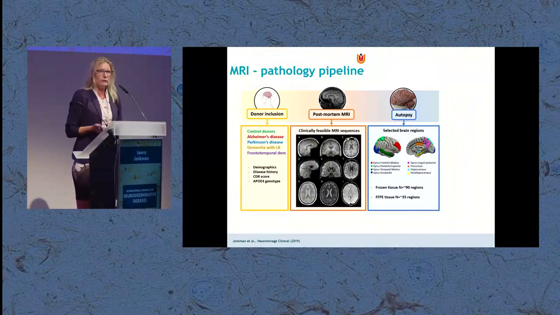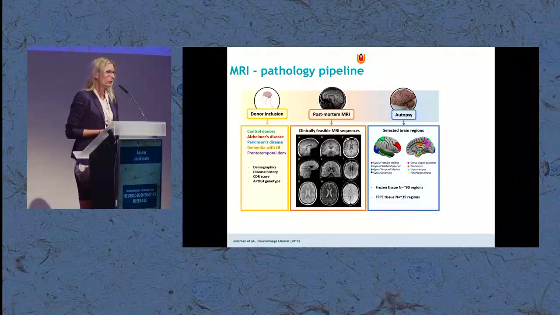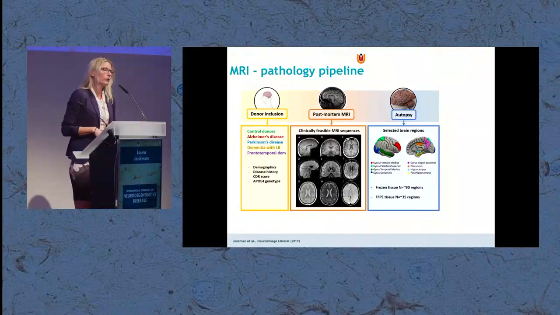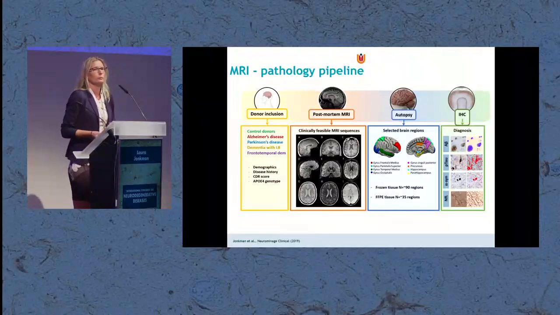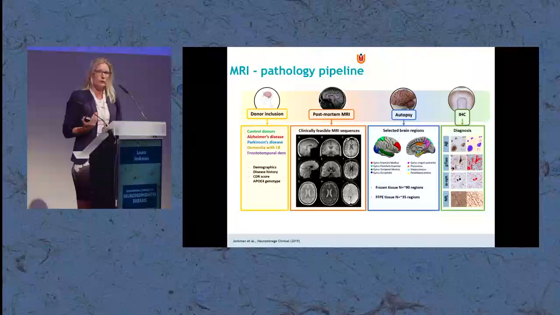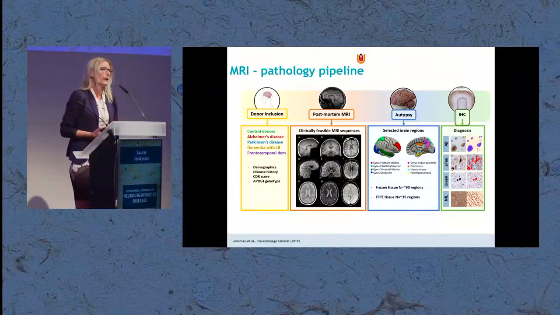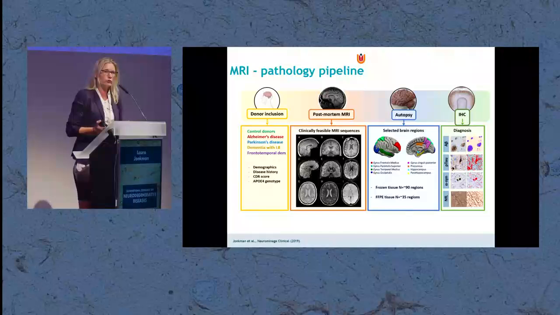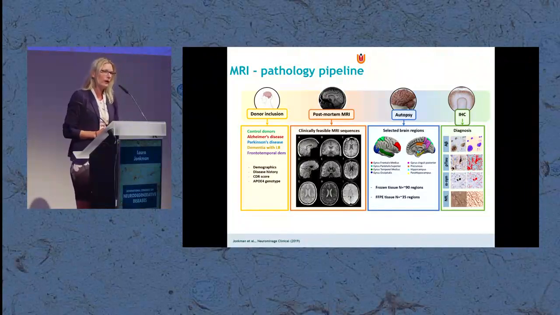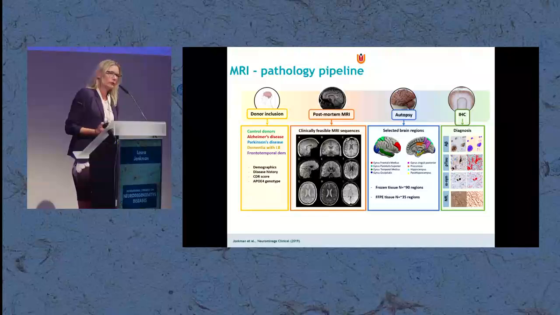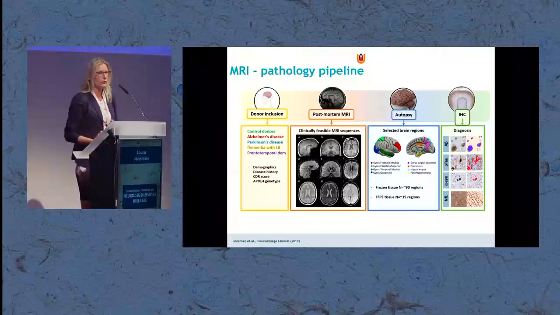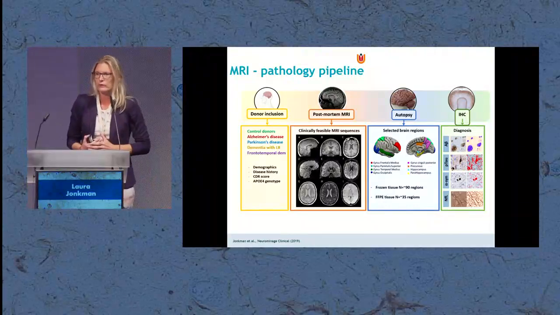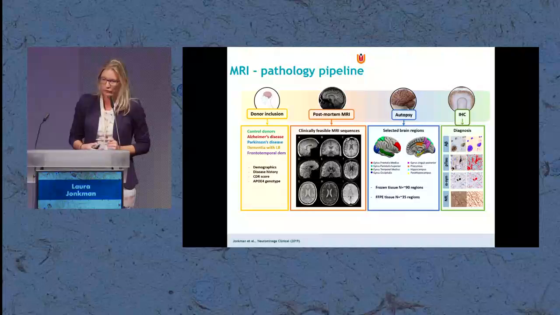Most of the areas throughout the brain are sampled. Subsequently, a neuropathological diagnosis is made by the neuropathologist, to either match or to see if there's any co-pathology also present. So with this whole cohort, we have a neuroradiologist assessing the MRIs and neuropathologists assessing the neuropathology. In essence, a very beautiful cohort to start our studies with.